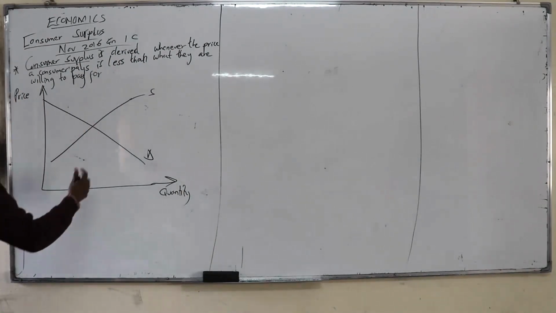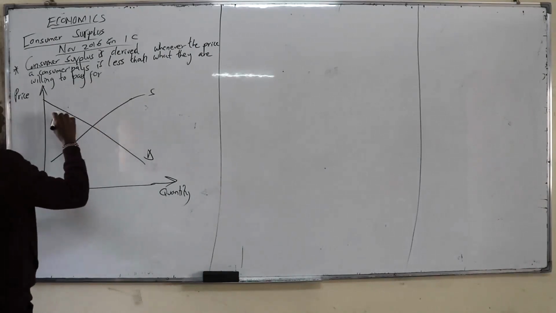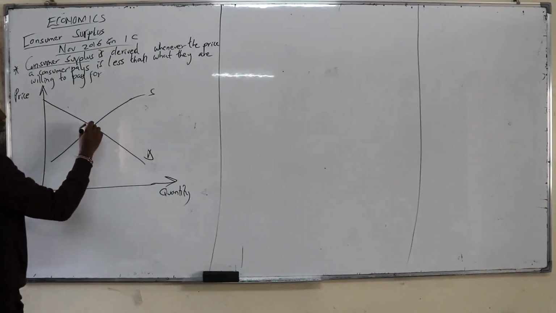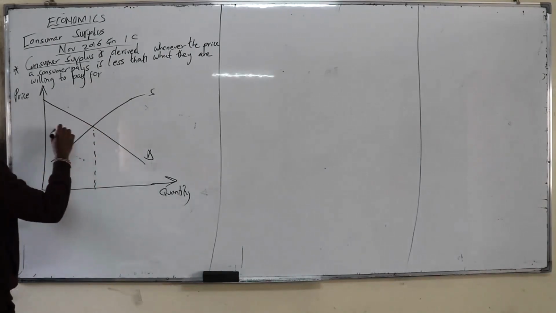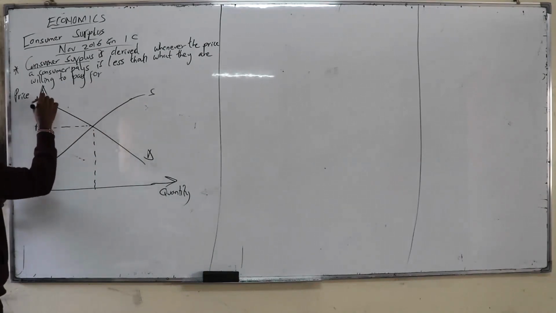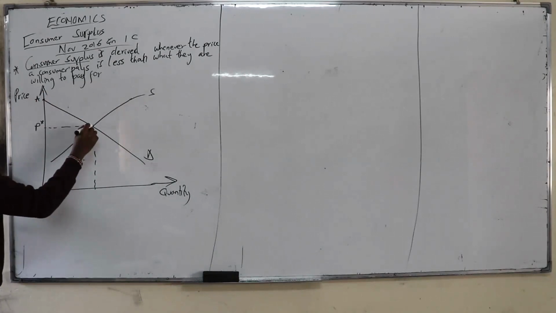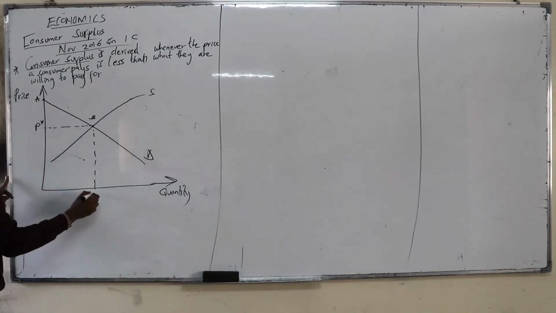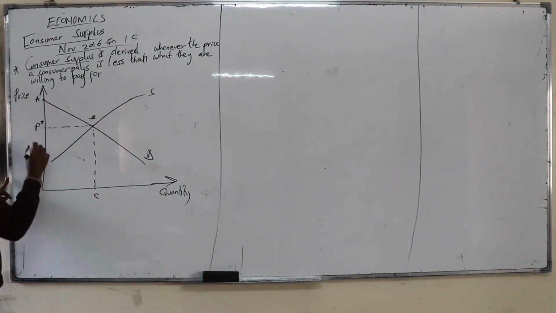If you were to name these points, let's say this is the equilibrium point, and this is the price at equilibrium. This one is point A, this one is point B, this one is point C, and this one you can say is price star.